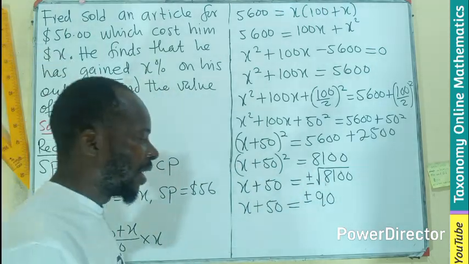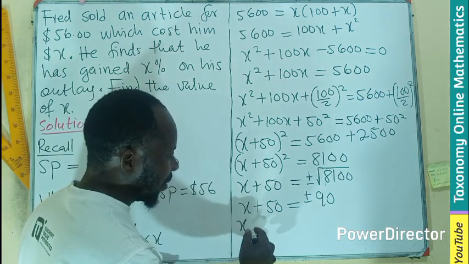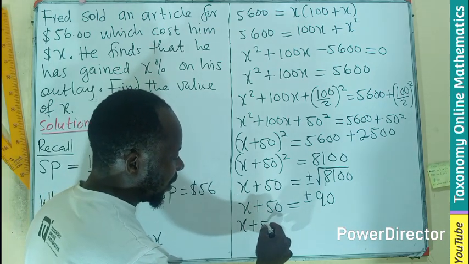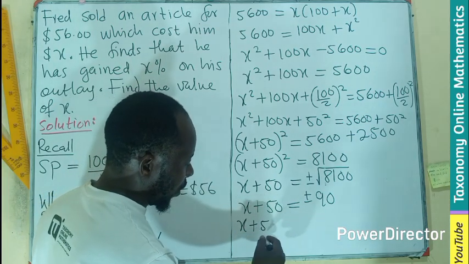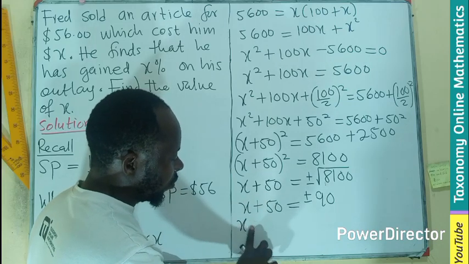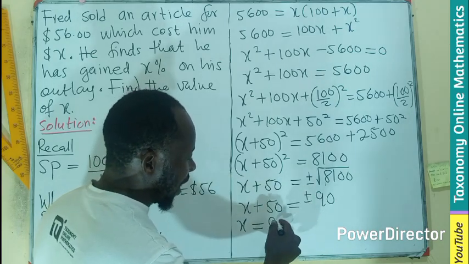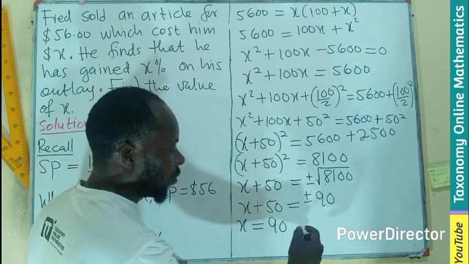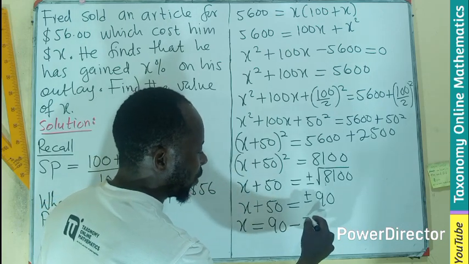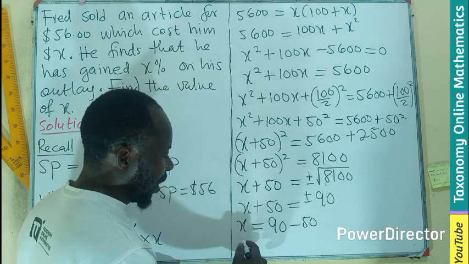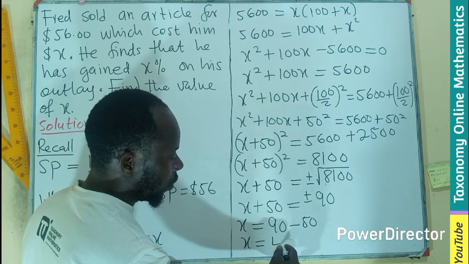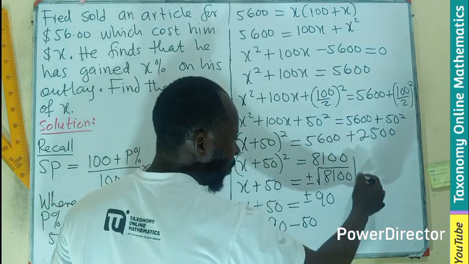Since it's plus and minus, let's pick positive 90 and transpose the 50 to become minus 50. That will give you X equals 40.